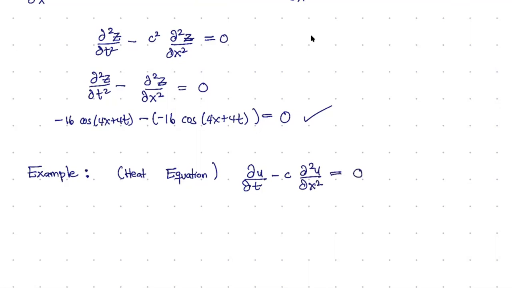We call this the heat equation. It is the equation that describes the diffusion of heat. As a challenge to you, show that z is equal to e to the negative t times sine of x over c satisfies this equation.